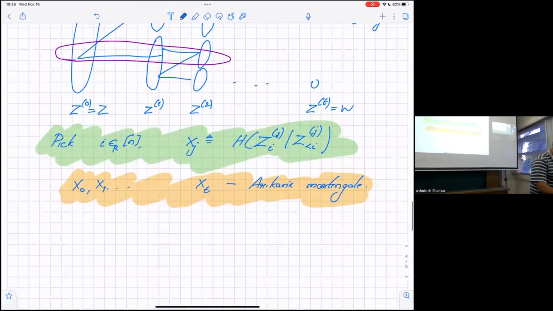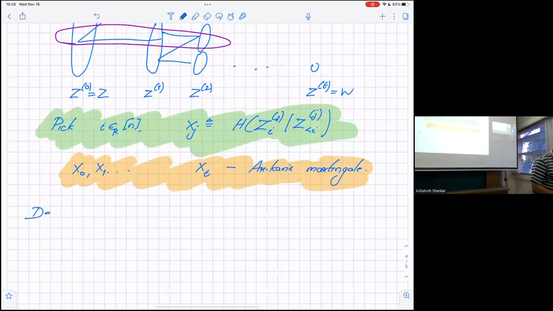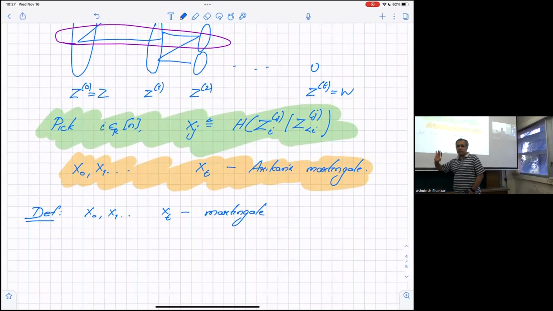What is a martingale? How many of you have done the probability quiz? Suppose we have a process X0, X1, up to XT. This is a martingale. Technically, martingales are defined using filtrations and all, but for us the following definition will suffice.